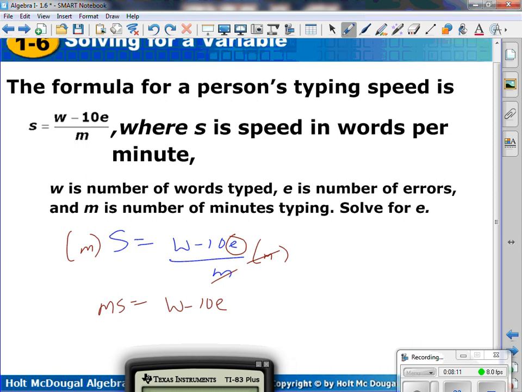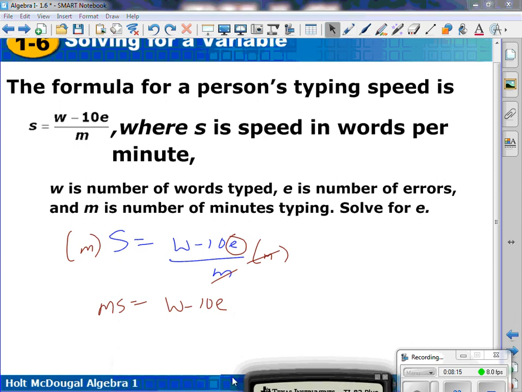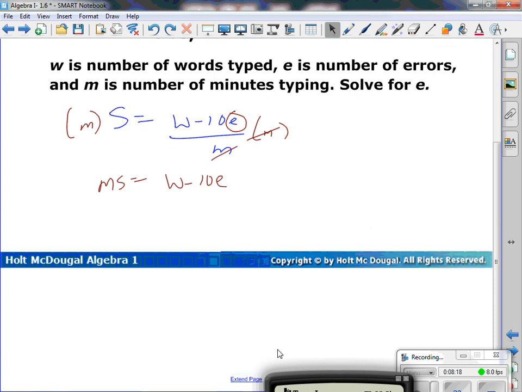If this was a typical algebra problem with numbers, what would move first? Would the w or the 10? Why would the w move and not the 10? The 10 is attached to the variable, so we move what is not attached to the variable. What's the sign of this w? Is it positive or is it negative? How do I move a positive w?